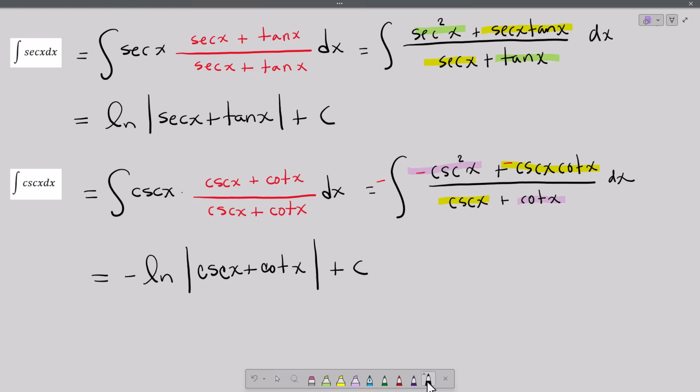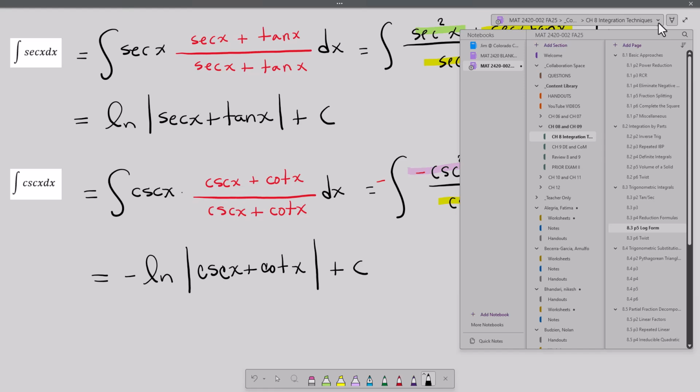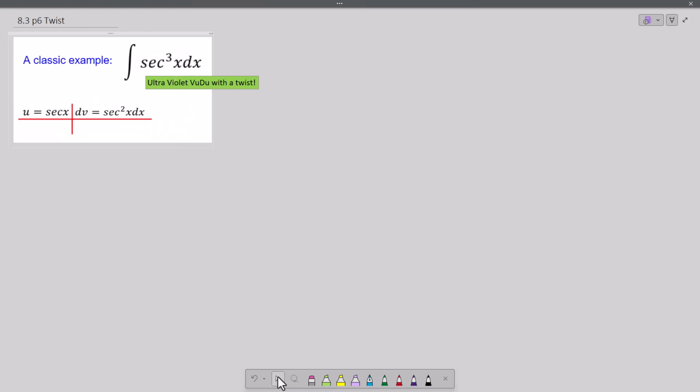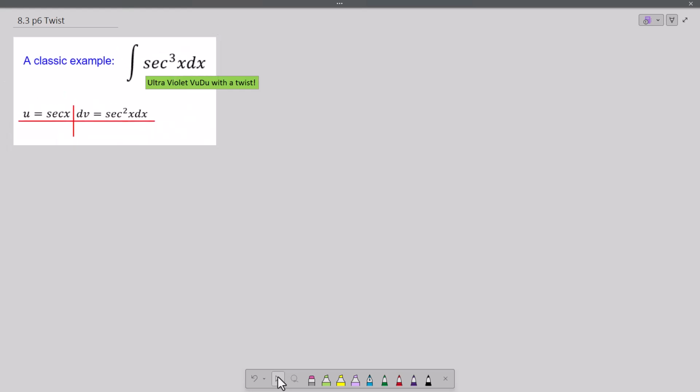Let's do. All right, so this one says to use integration by parts with a twist. I want you to start this one, or you should actually be able to finish it now based on what we've done today. So this is going to be the integration by parts.